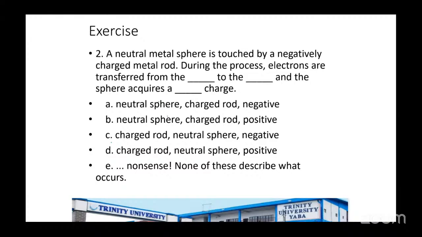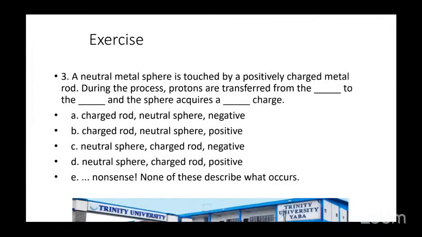Now, the third exercise: a neutral metal sphere is touched by a positively charged metal rod. During the process, protons are transferred from dash to the dash, and the sphere acquires a dash charge. What should be our answer?